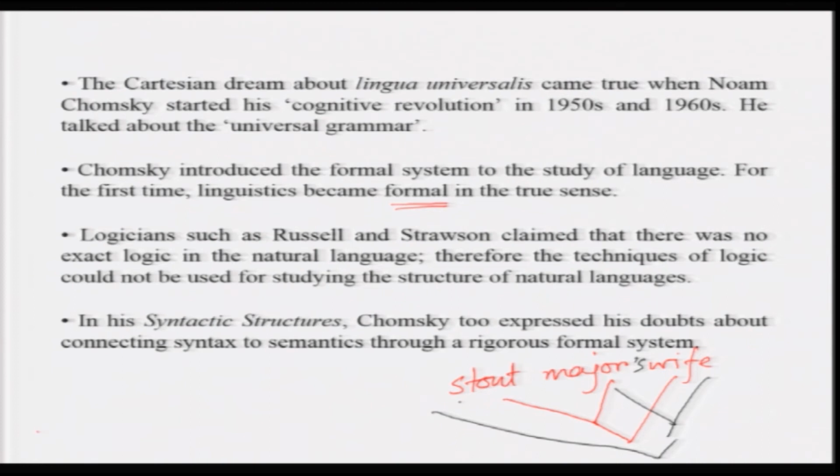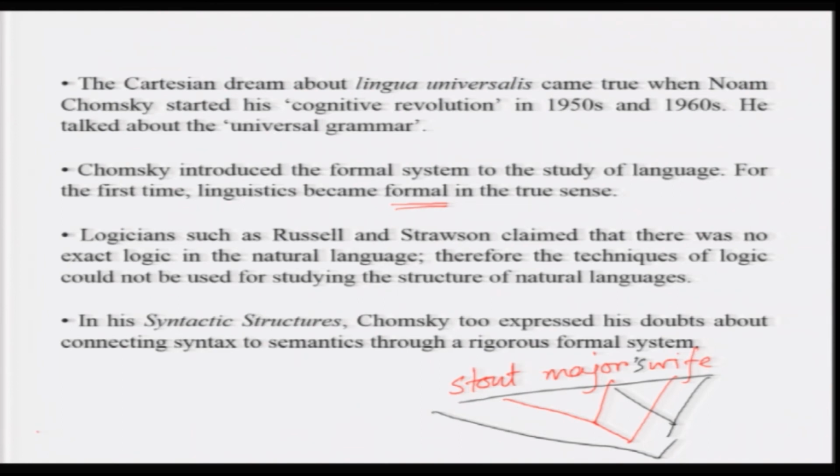So, we can see that this is structurally ambiguous. There are many such ambiguous constructs in our day to day language. And there are many other defects of the natural language. Therefore, the techniques of logic could not be used for studying the structure of natural languages.